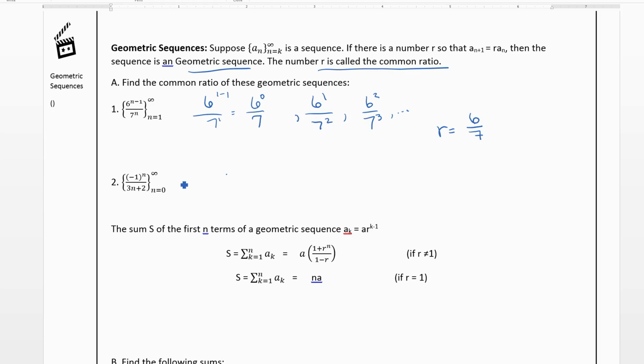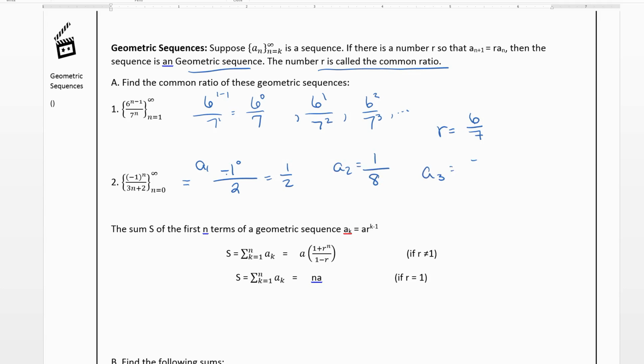Okay, here, first we would plug in 0. So we'd have -1 to the 0 over 2. So this would be 1/2. A2 would be 1 over 6 plus 2 would be 8.